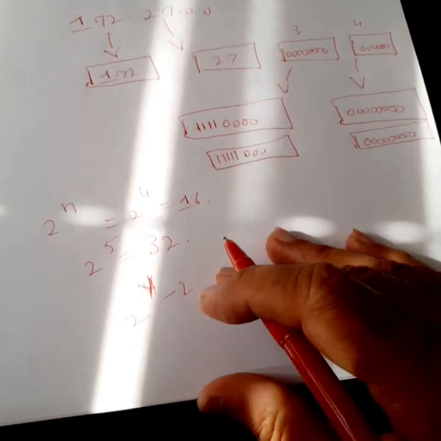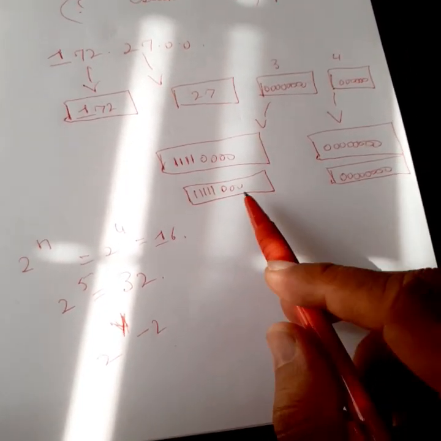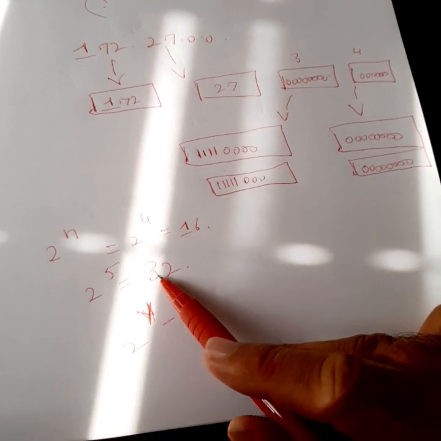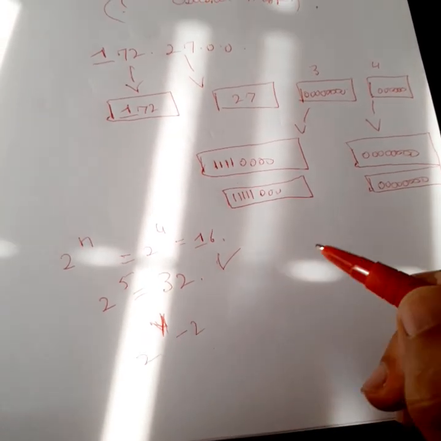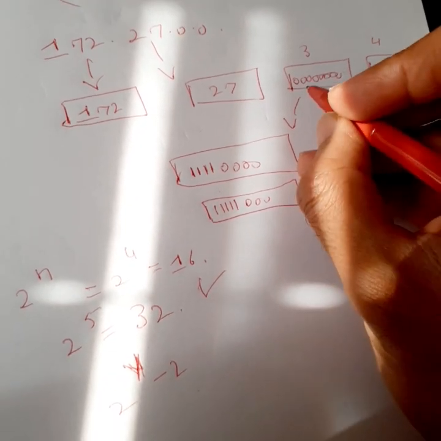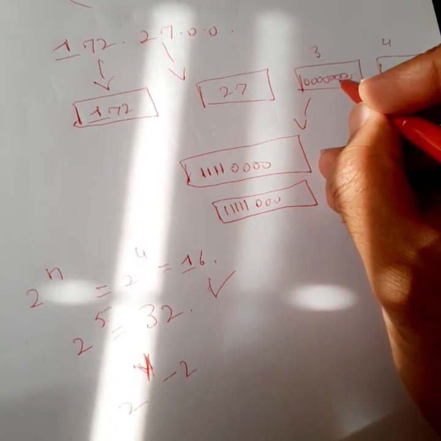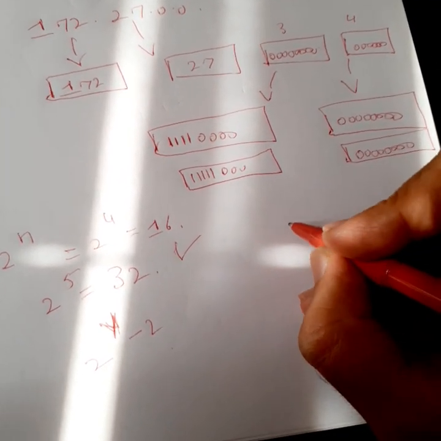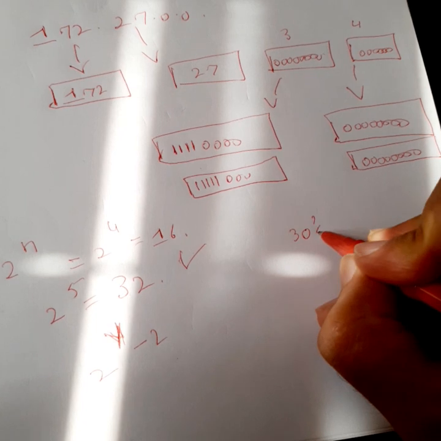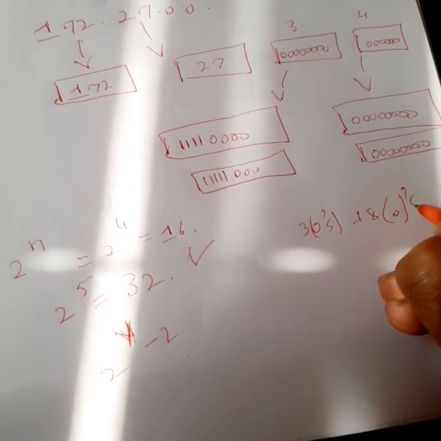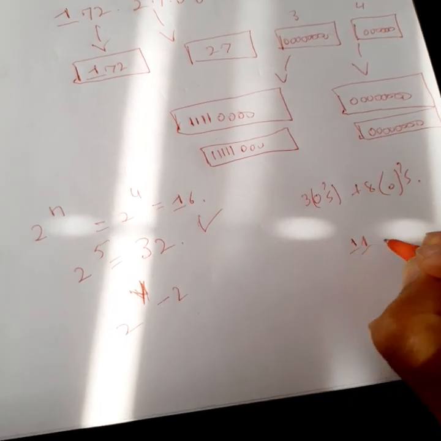As we have 5 ones, which has already been proven, the network part is 5. We have 3 zeros from the third octet and 8 zeros from the fourth, so 3 zeros plus 8 zeros. That's 2 to the power 11.